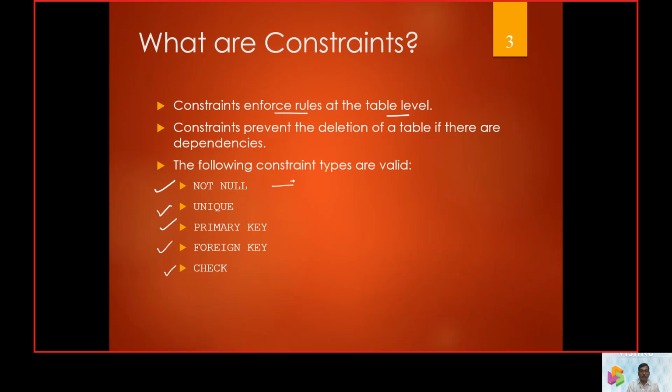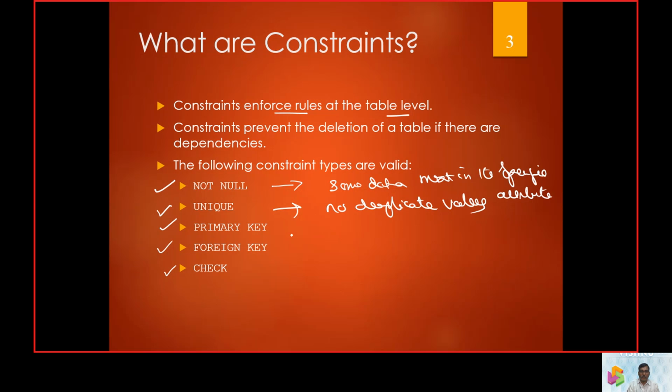So when I call about a not null, that means some data must be in that specific attribute. Unique, there are no duplicate values. Primary key, I can say it is not null and unique, and there is no redundancy, no duplicate values when we call it a primary key.